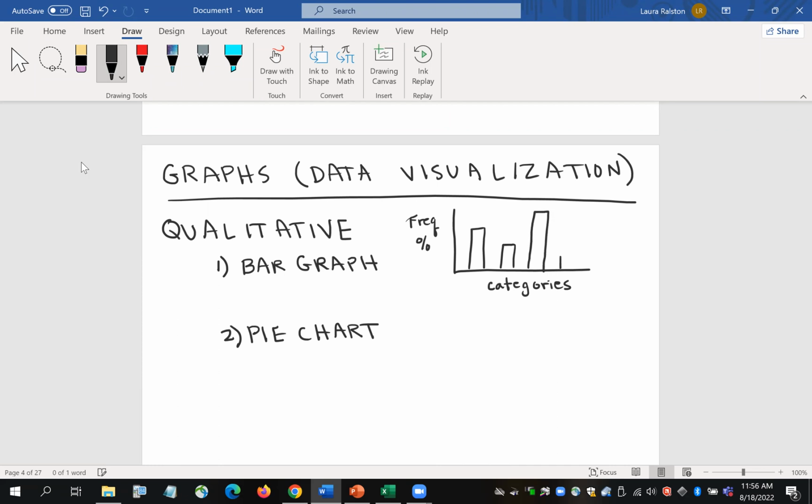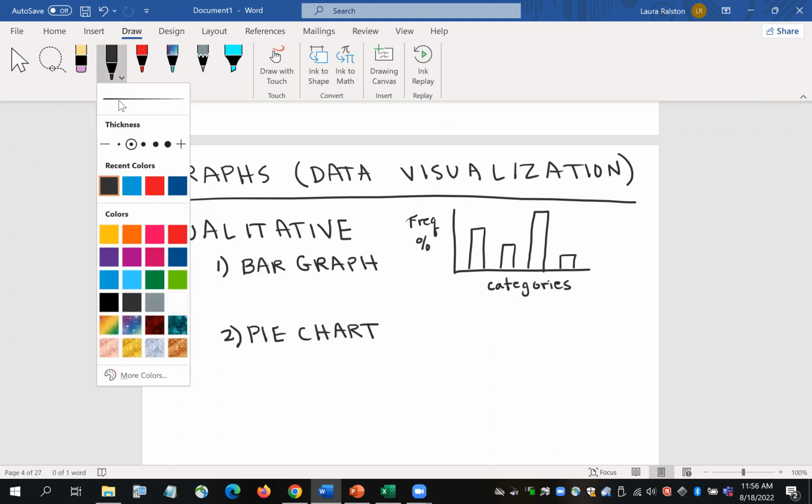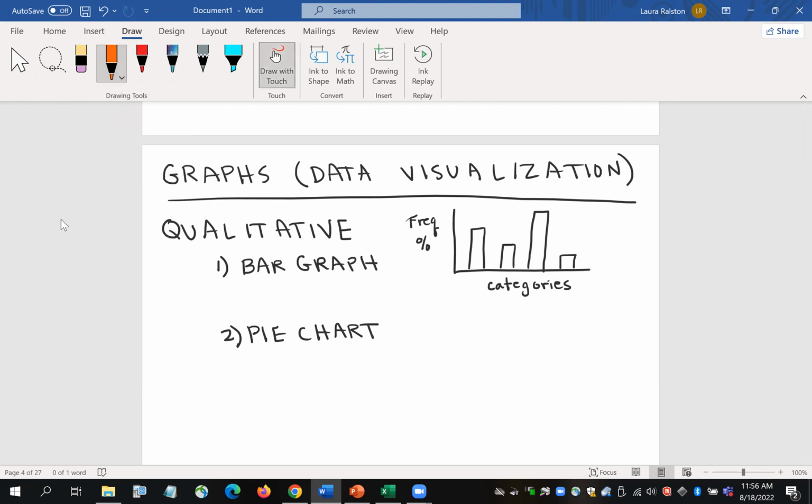One thing I want to point out on this bar graph that I've sketched is that there are gaps between the bars.